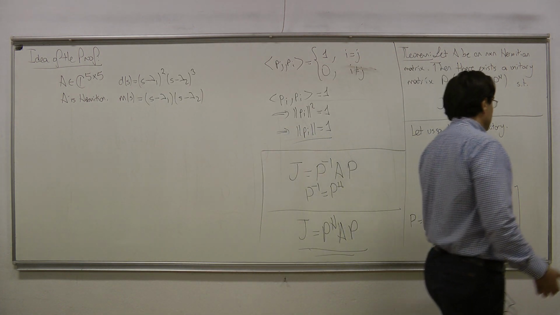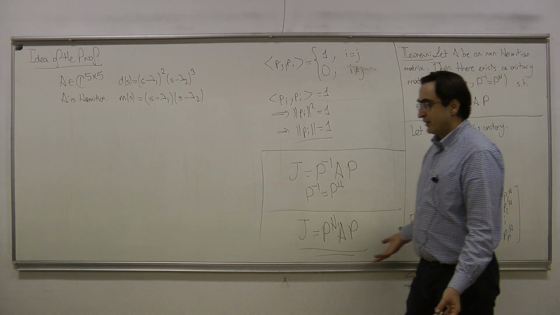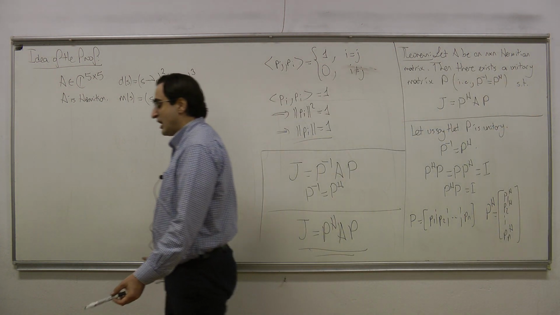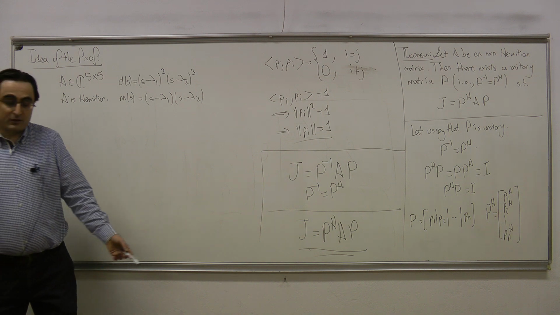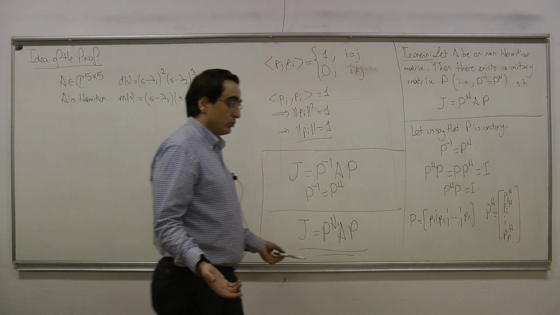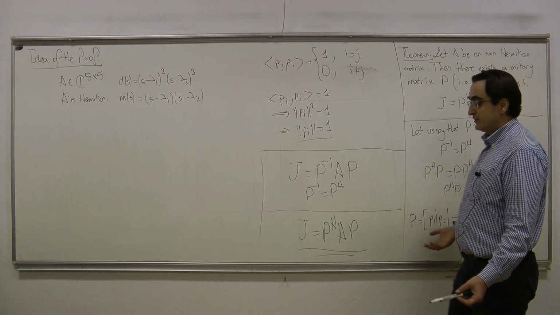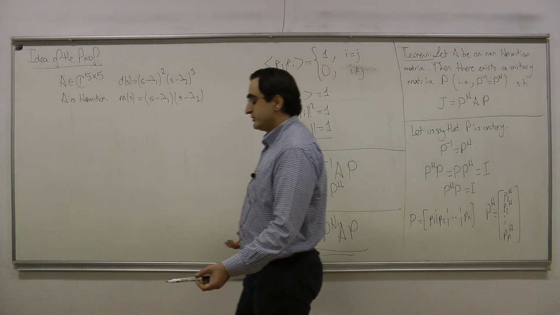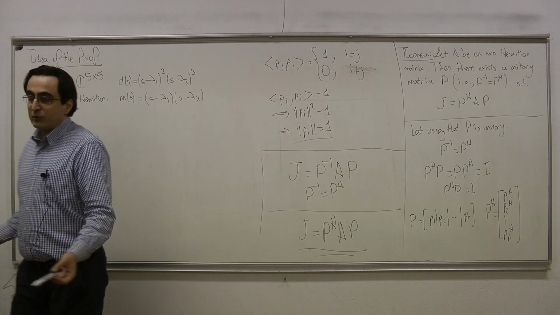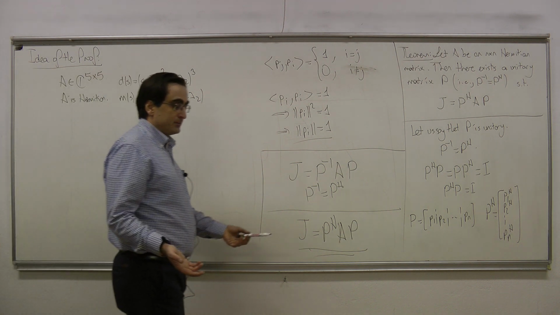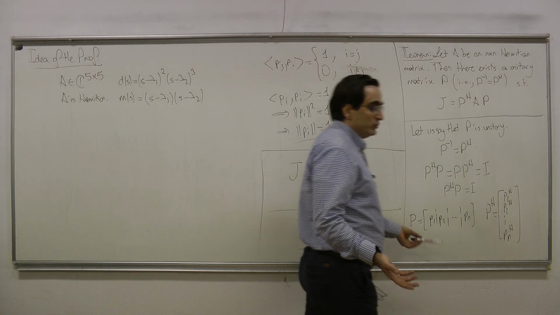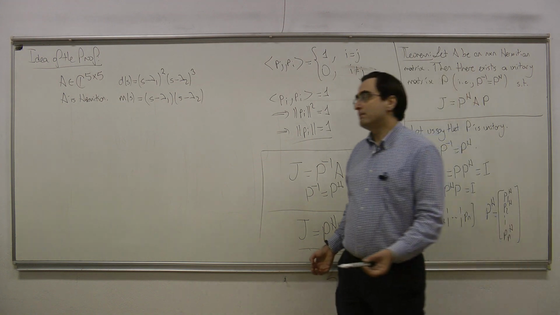I will first find an arbitrary P matrix with linearly independent columns, but the columns would not have to be orthogonal to each other. So in that case, the P matrix that I find initially would not be a unitary matrix. But then I will show you how to modify that P matrix to obtain a unitary P matrix.